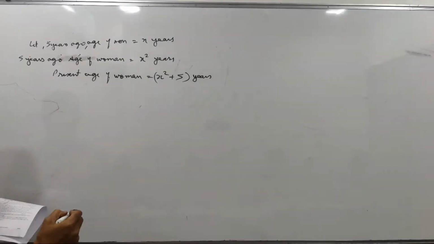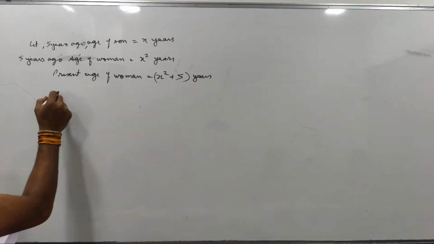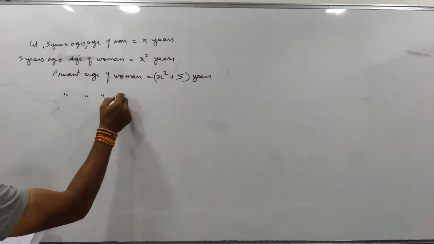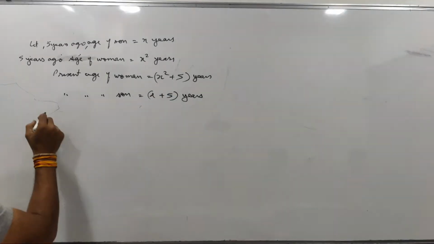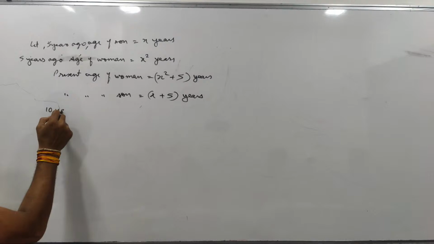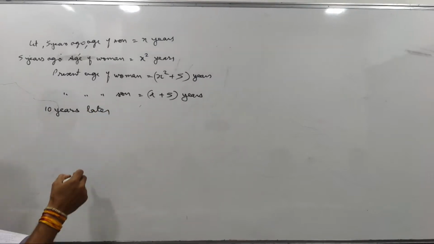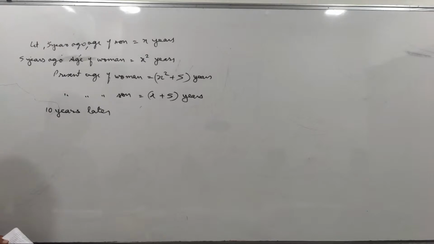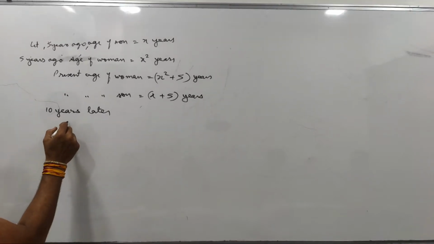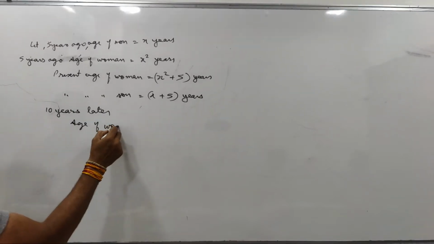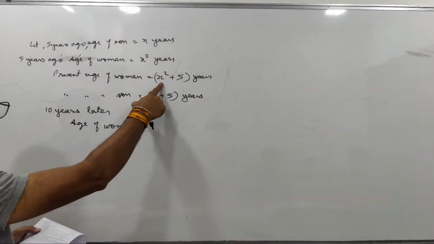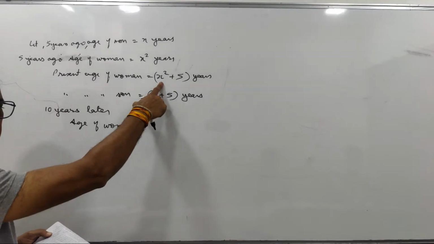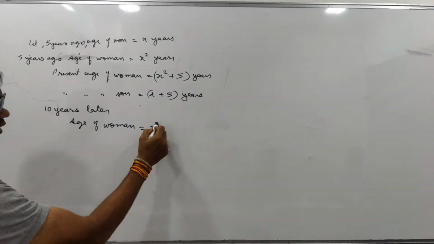Then it is mentioned 10 years later her age. And what will be the present age of the son? We'll also write down the present age of the son. And what will be their age 10 years later? Later means from the present age. So what will be the 10 years later age of the woman? Related to the present age of the woman, it will become plus how much?